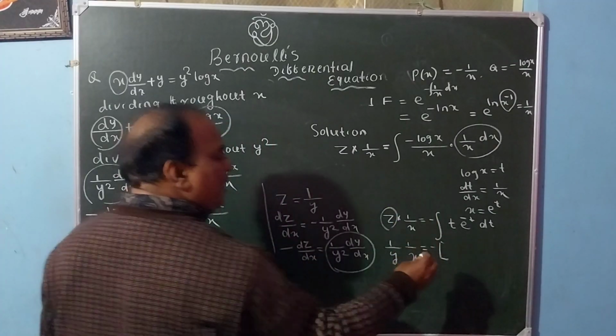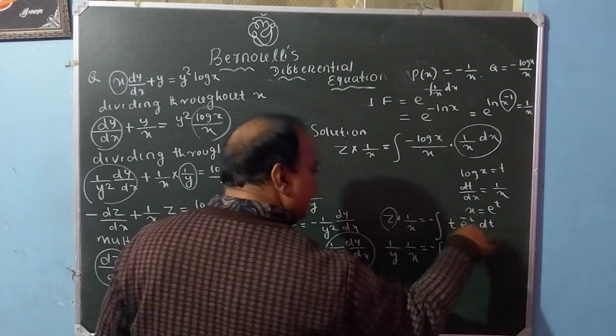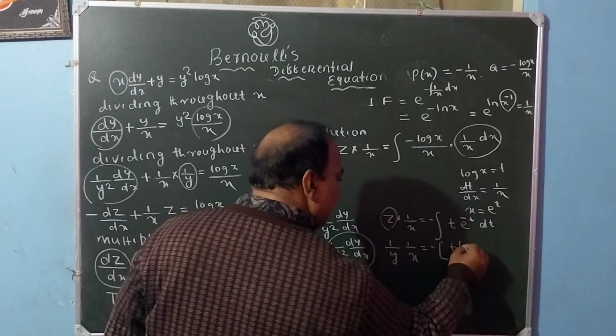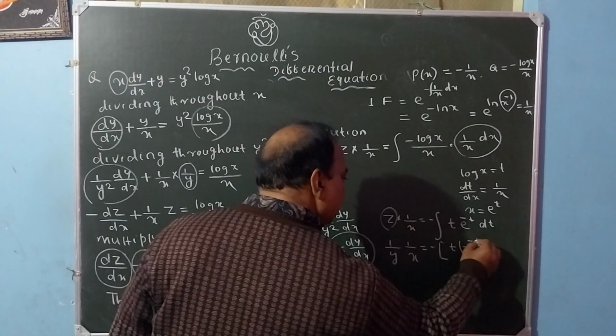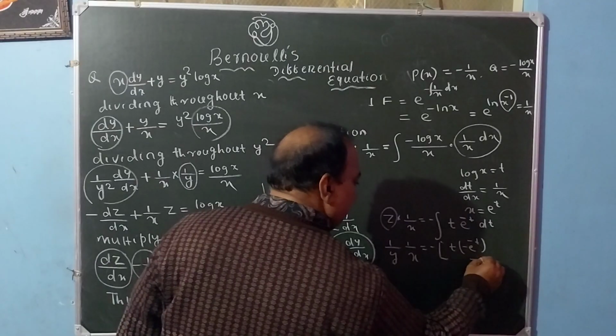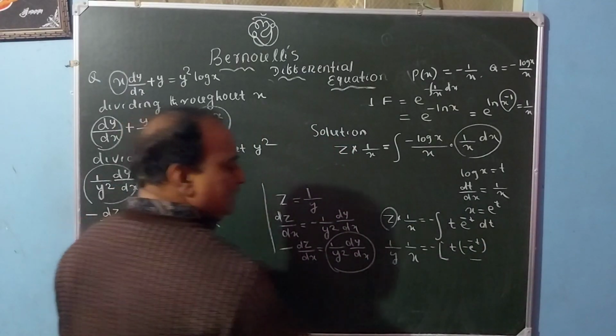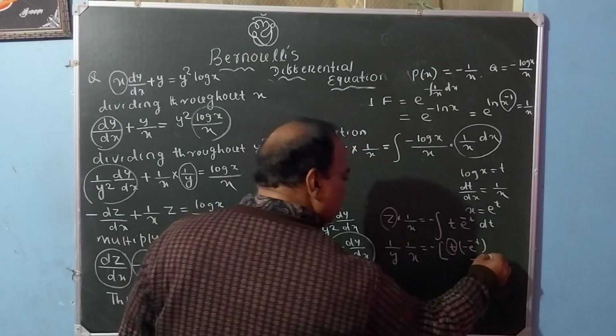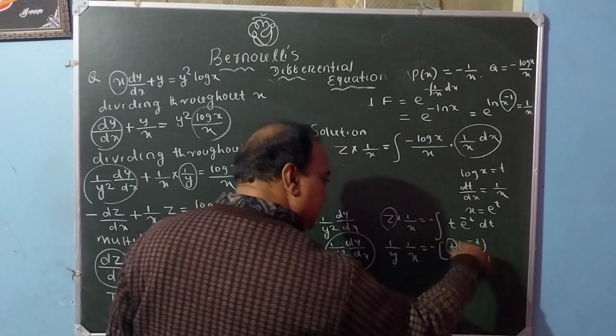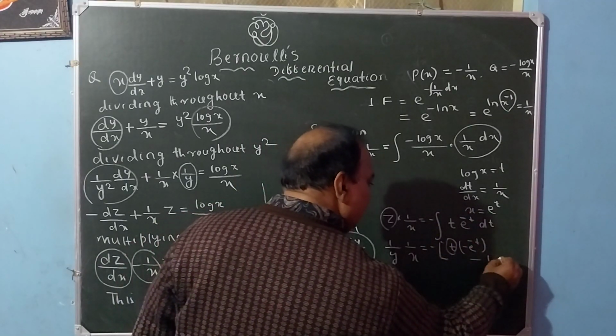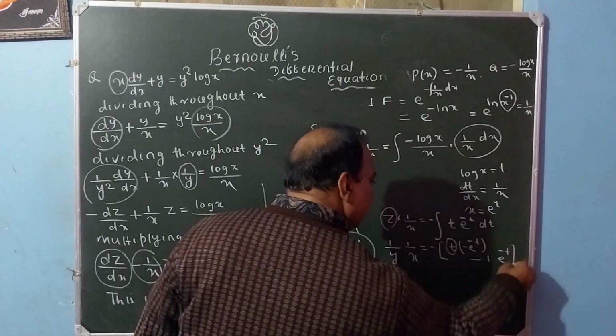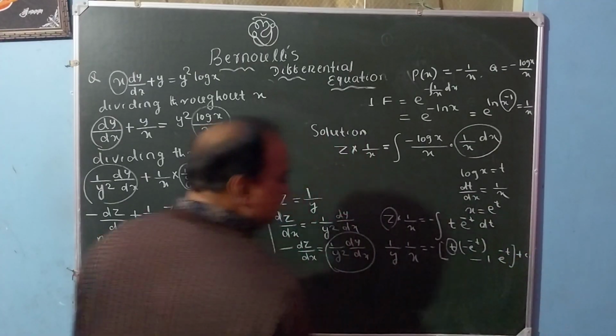First, keep the first as it is, integration of the second is minus e to the power minus t, then sign minus, derivative of first which is 1, integration of this is e to the power minus t, plus c.